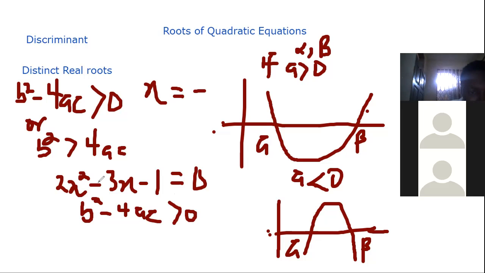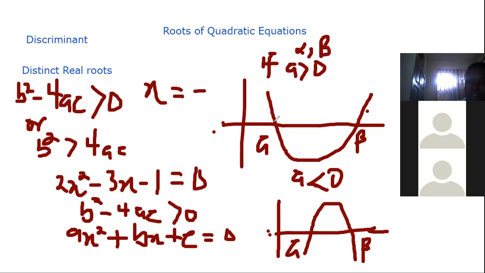Now, we are going to compare this one to the general quadratic equation, which is ax squared plus bx plus c is equal to 0. When you compare it, you see that comparatively a is 2, b is -3. So here you can see that a is greater than 0.